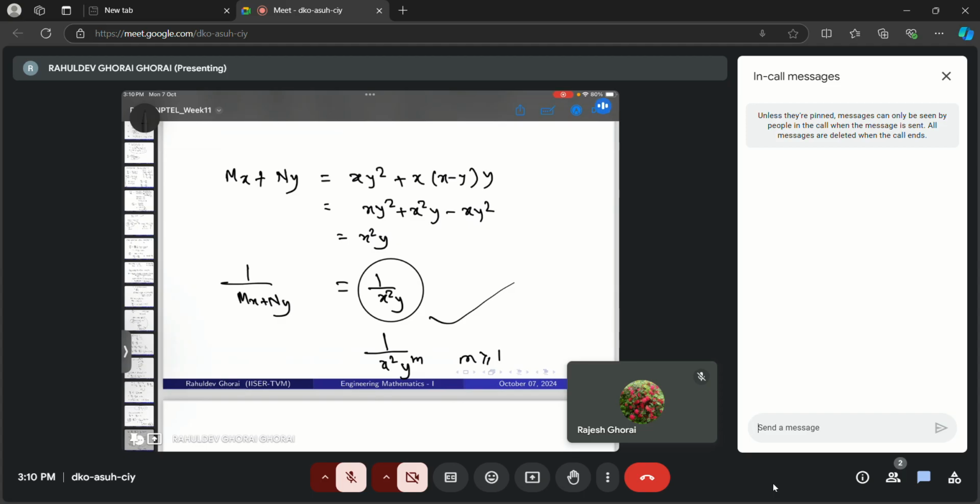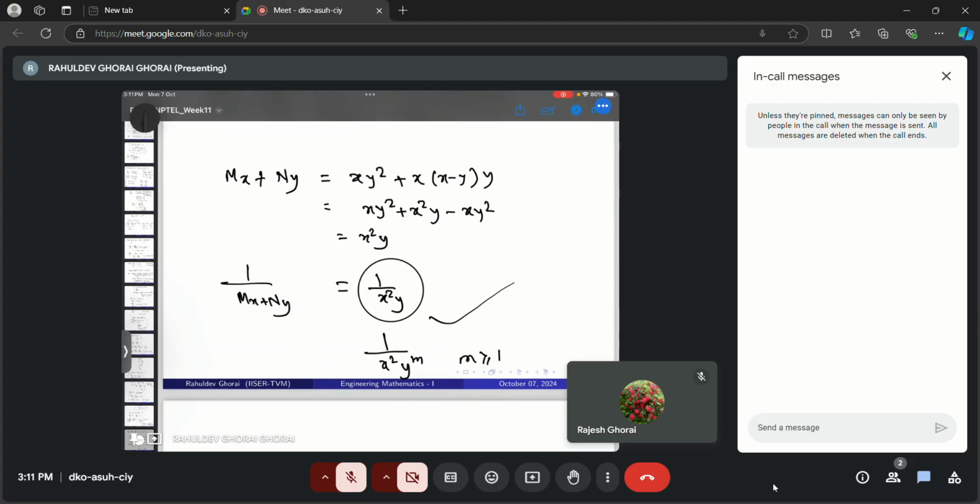Once you multiply an exact differential equation by some function, it will again be exact. If you multiply by 1 by x squared times y, that is nothing but 1 by y times 1 by x squared, which is already exact, so it will not be a problem.